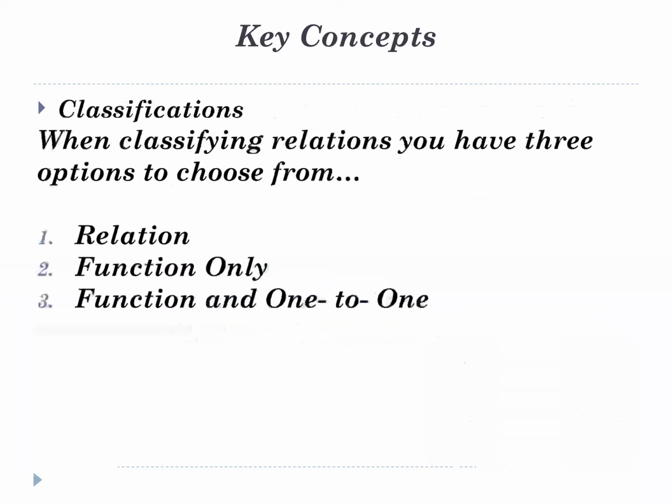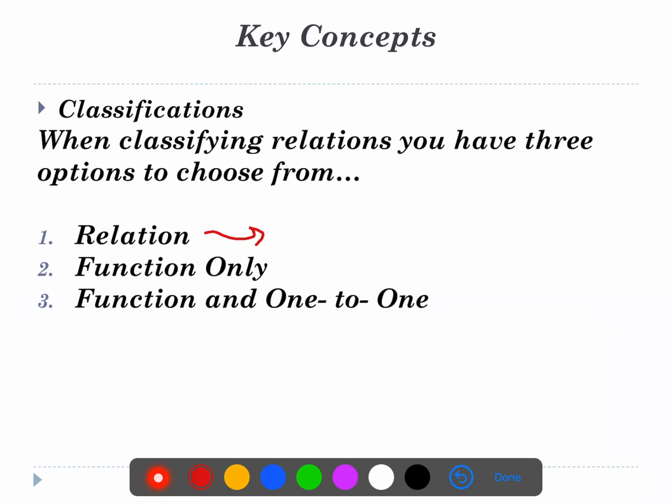Okay, so now we have 3 different options when we are classifying these sets. So it could be a relation, which is any numbers. It could be a function, which means that the x values do not repeat. Or it could be a function and one-to-one, which means the x's and the y's do not repeat. So we could just label this real quick.